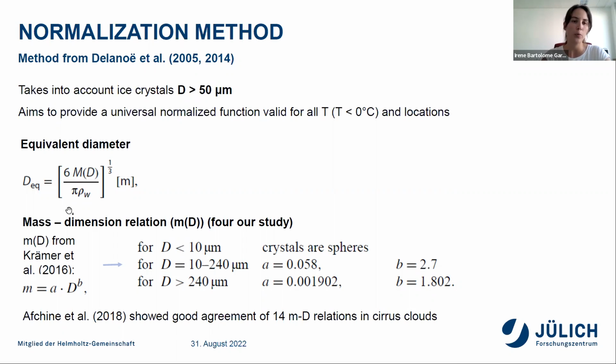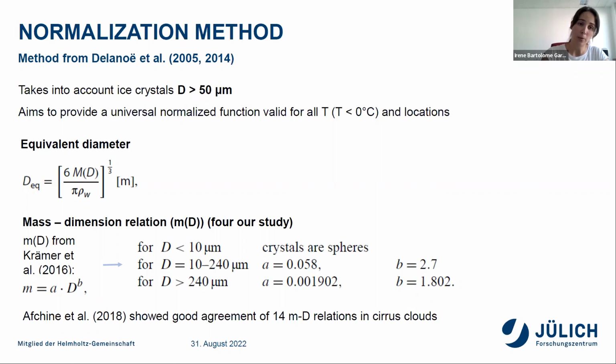And in order to compute the equivalent diameter, we need the mass dimension relation. In the study from Delanoy, they used one from Francis and Brown. And in our study, we used the mass dimension from Kremer et al. 2016, which later in 2018 was also compared to several mass dimension relationships, and they show good agreement in cirrus clouds.